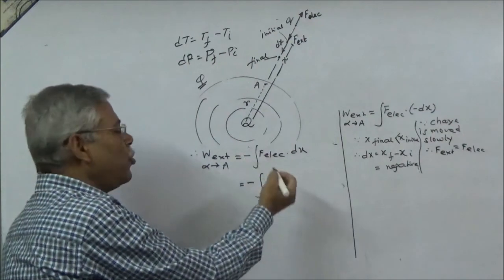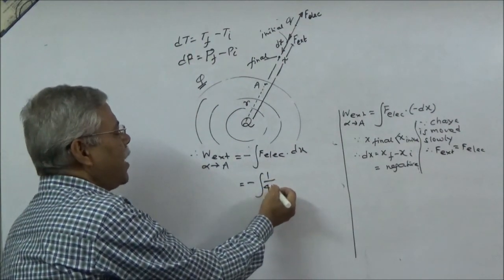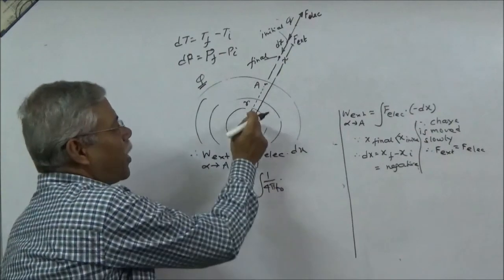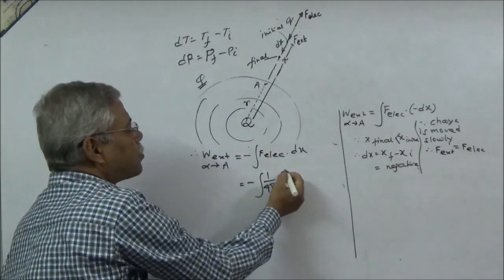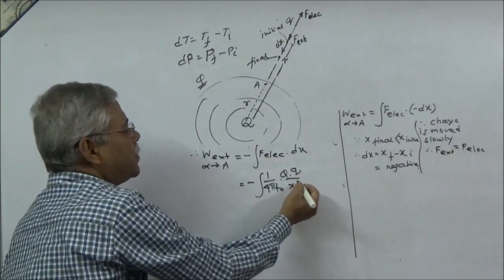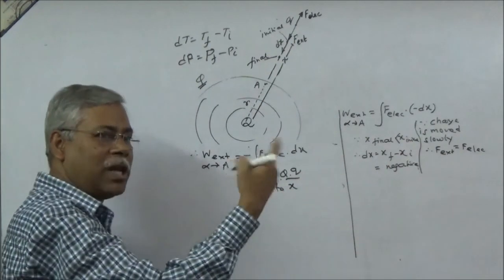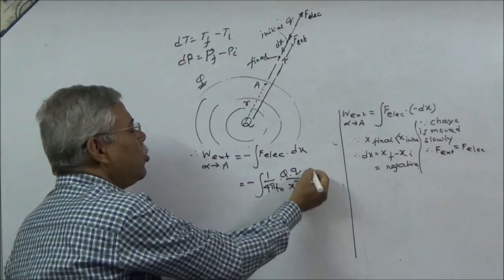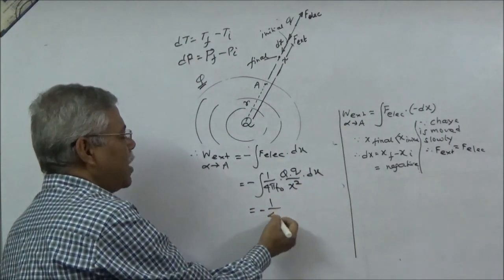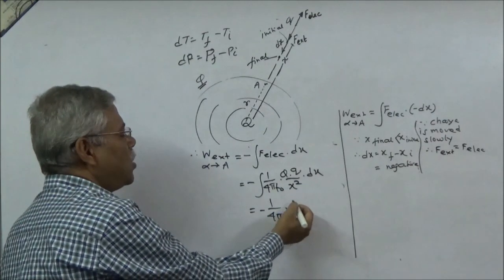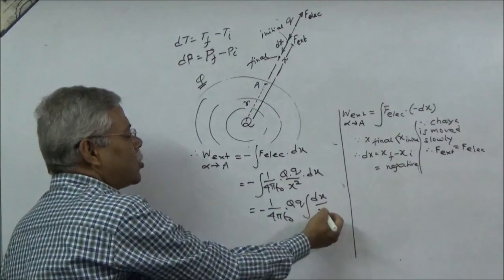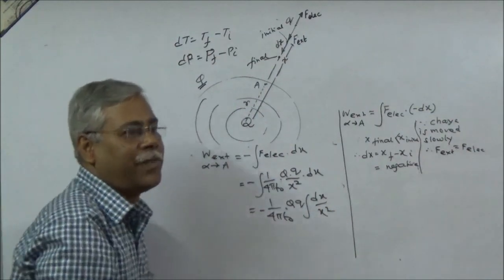Electrostatic force is known to you. How much is that? 1 by 4 pi epsilon naught q into q, over the distance squared. No, x. We'll put the limit of x. So it is x square into dx, equal to minus 1 by 4 pi epsilon naught q into q, constant, integration dx by x square.